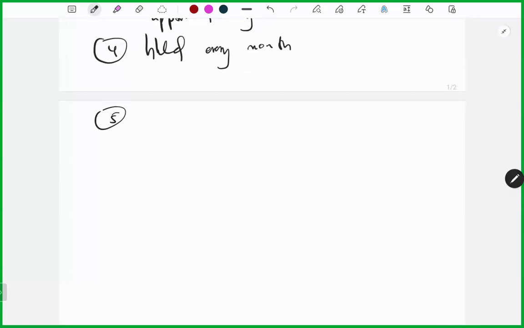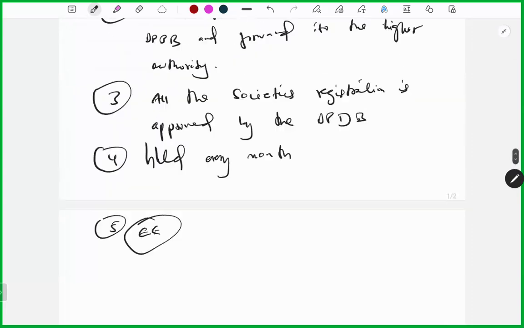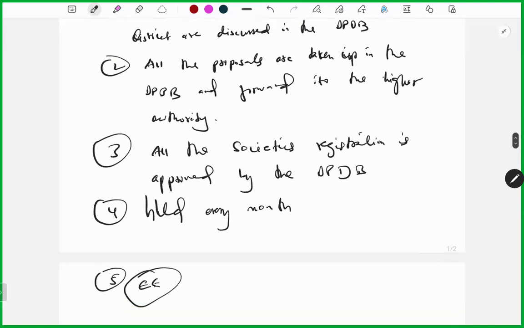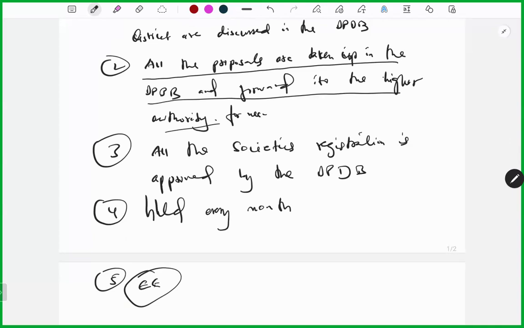For example, we do not have an executive engineer here; the Samator district does not have an executive engineer. To have one, the proposal has to go through the DPDB. So all the proposals are taken up in the DPDB and forwarded to the higher authority for necessary action.